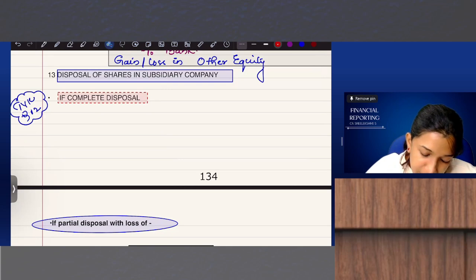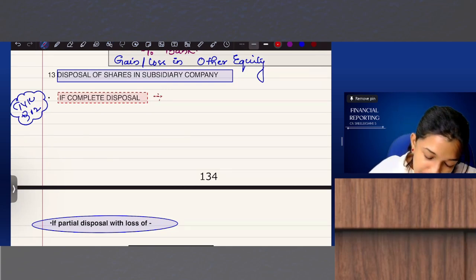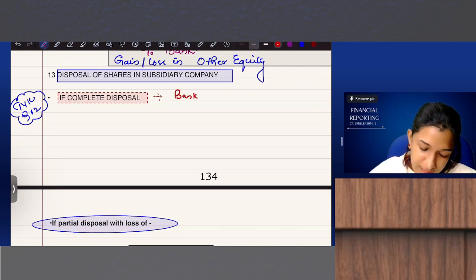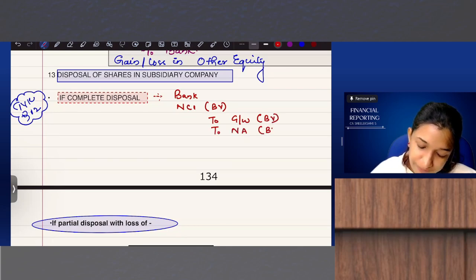If there is complete disposal, bank debit with the consideration. NCI debit, book value. Goodwill credit, book value. Net assets credit, book value. Gain or loss.